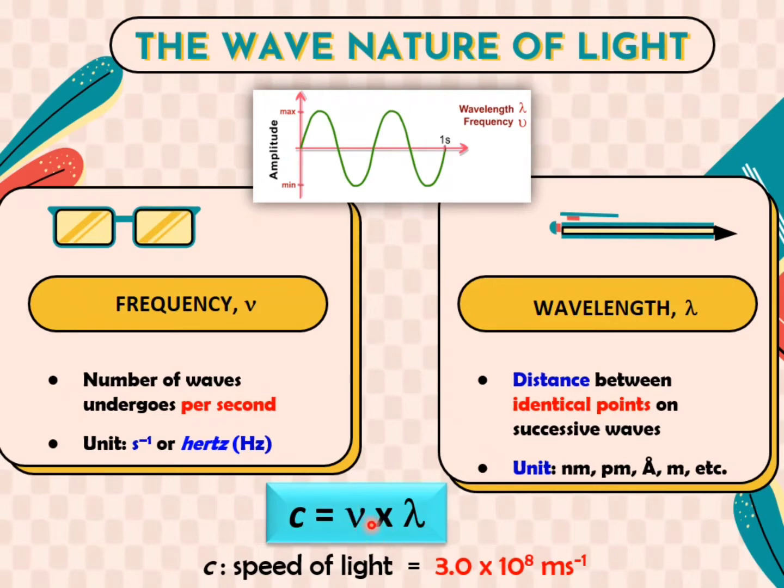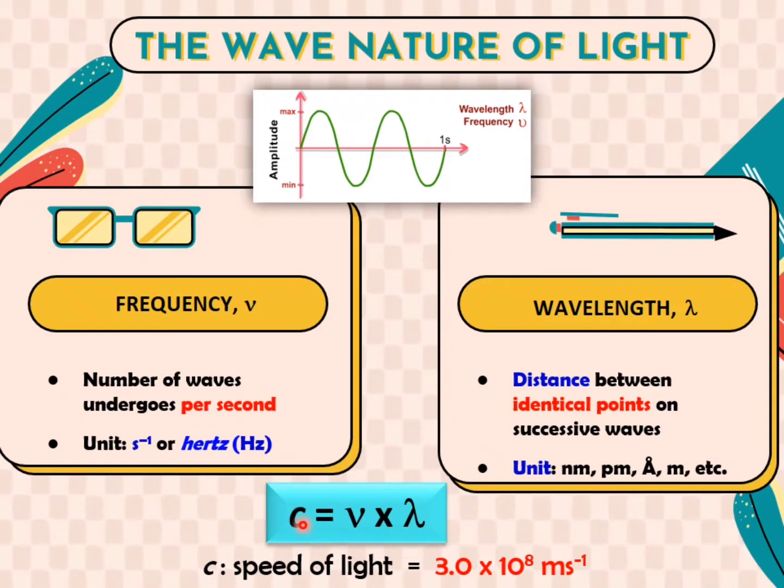This is the symbol of frequency, which we call nu, and this is the symbol of wavelength, which we call lambda. So this is the first formula that you will meet in this chapter. After this we will meet more formulas in this chapter.